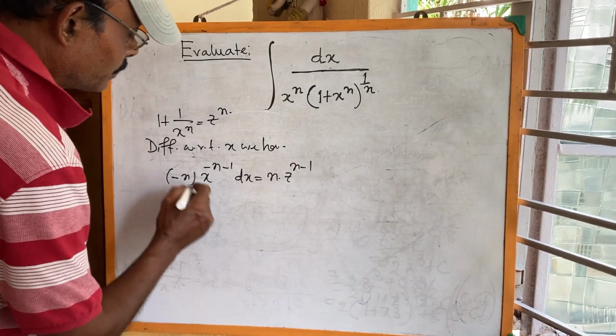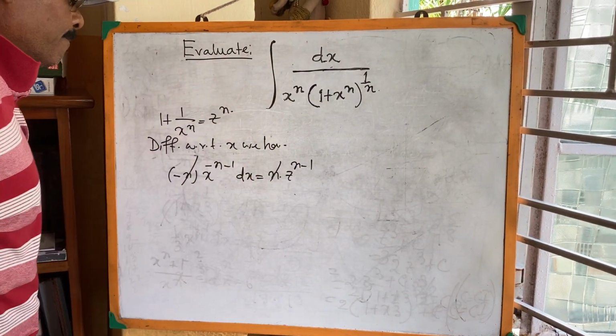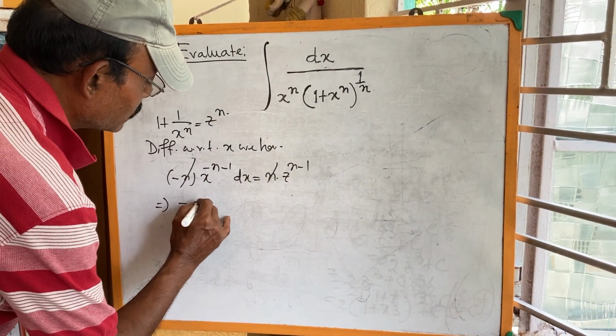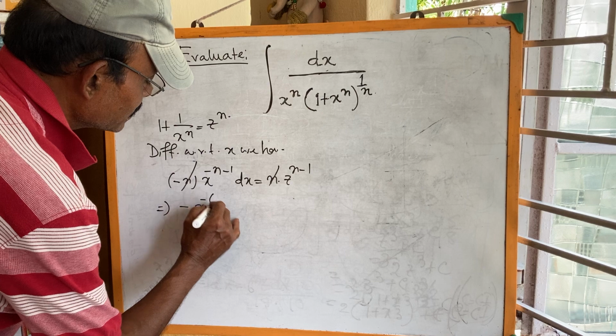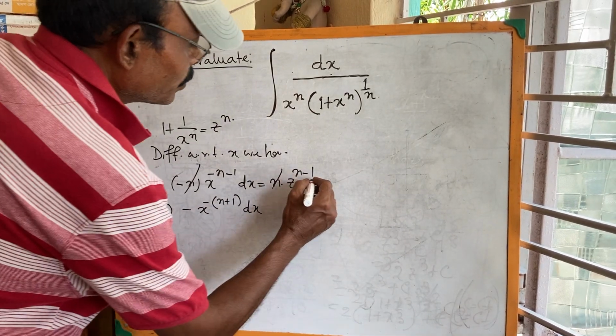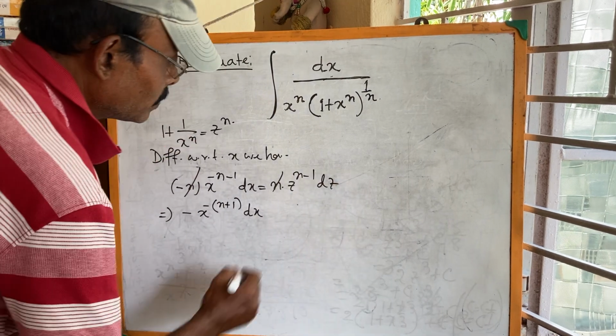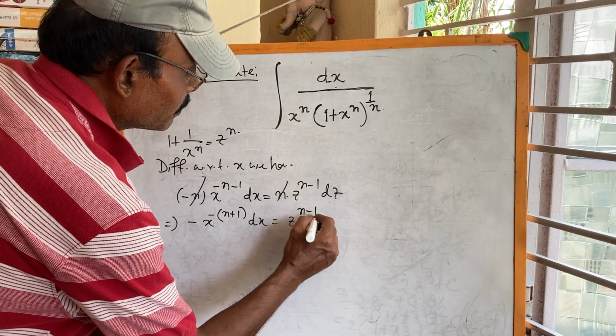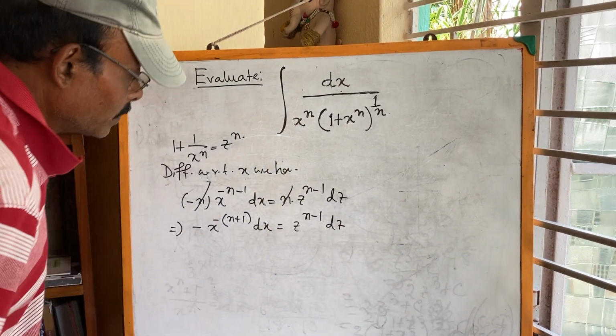n minus 1. Now cancel this. So this will be minus x to the power minus n plus 1 dx. Sorry, I am writing wrong here, dz. So here z to the power n minus 1 dz.